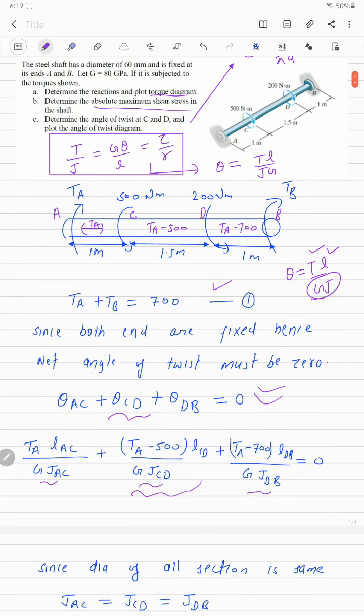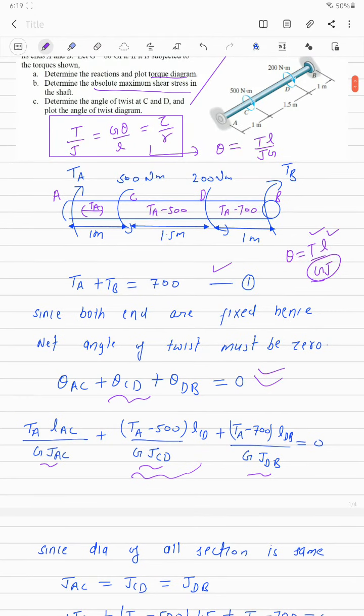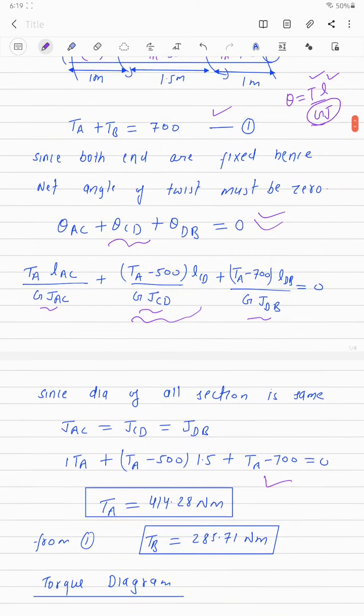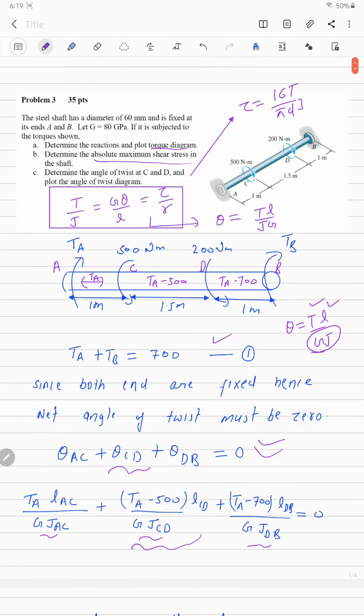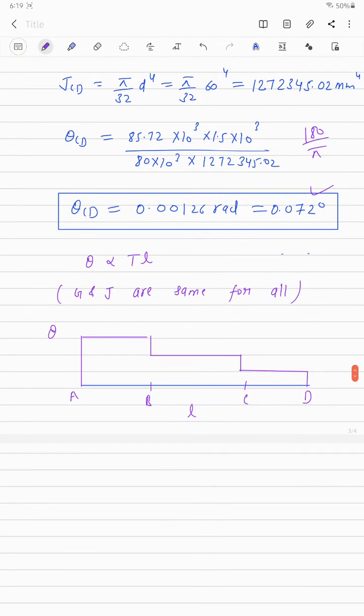So we can see that the product of T and L will be maximum for portion AC. For each section we can multiply T and L and find theta, but we don't need values, we can just see rough calculations, and based on that we can draw the diagram like this. So net theta AD will be 0.